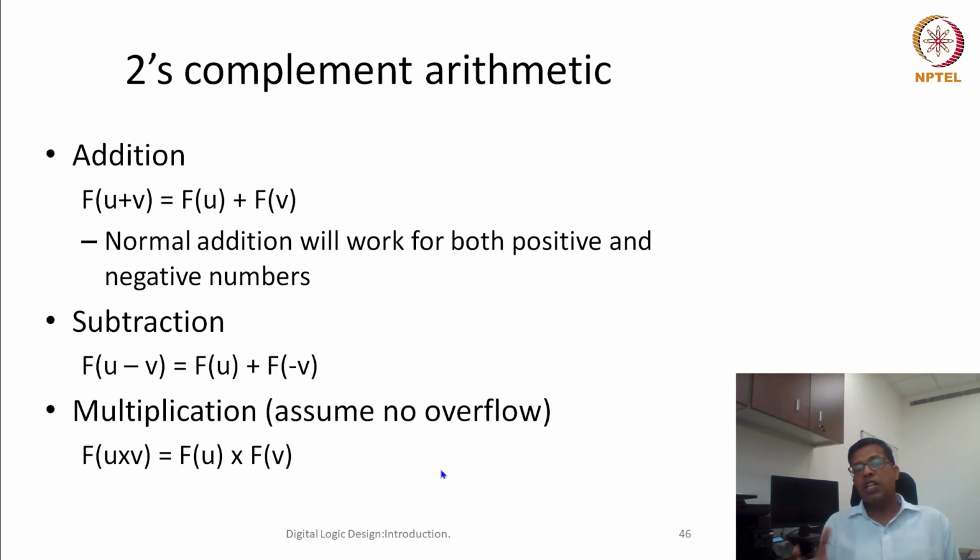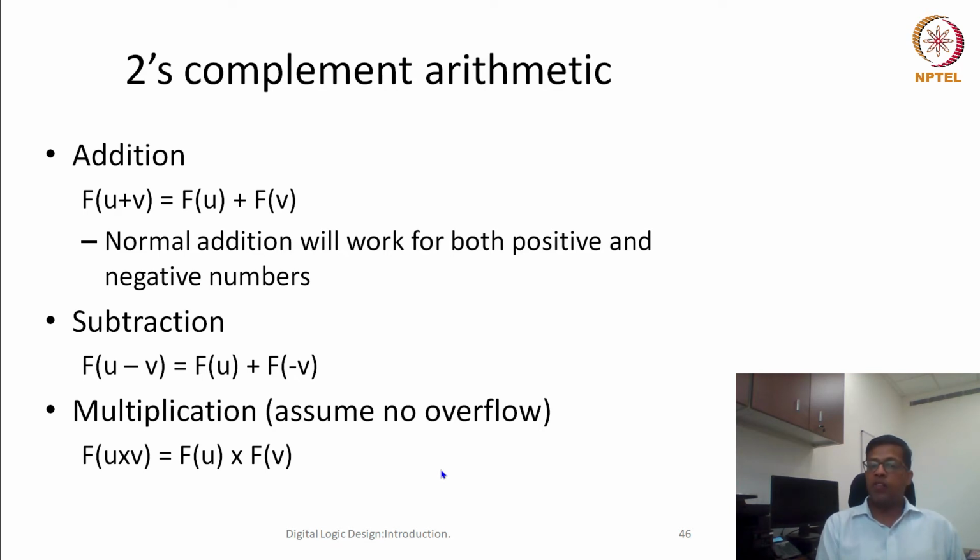So that's how this negation rule is helping me. The step would be, first I need to take 2's complement of that number and then add it like a regular addition. And interestingly, even if I multiply two numbers using 2's complement, the result will always be correct.